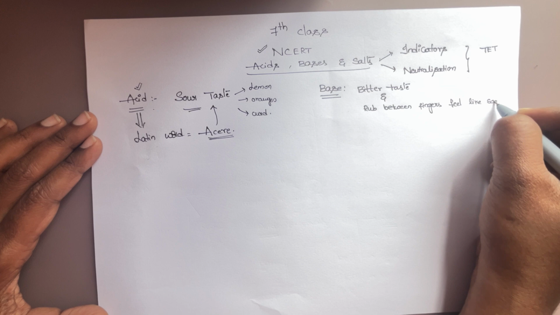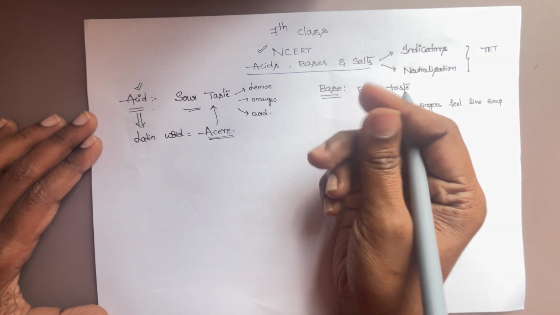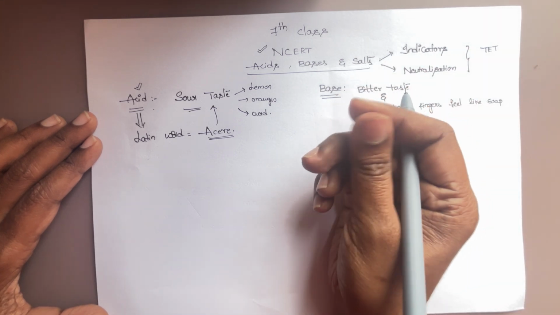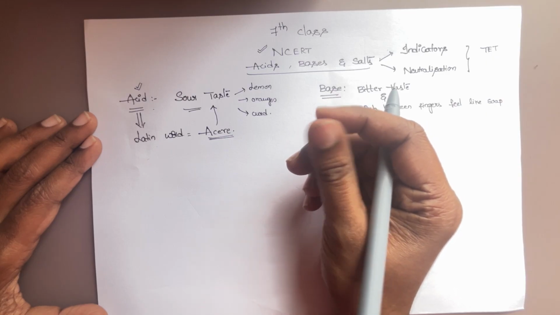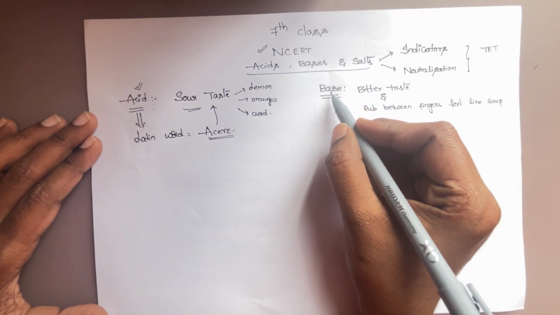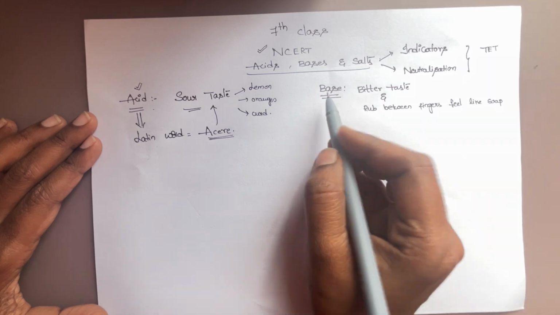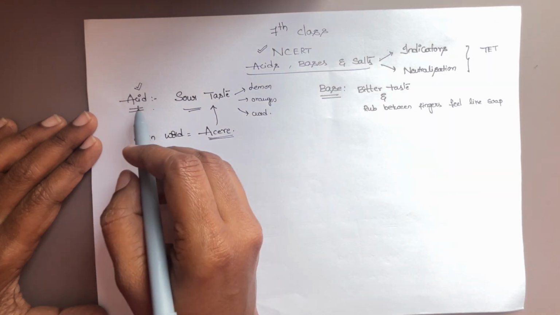They will be very slippery, as if we are rubbing a soap substance. Such substances are called bases. So this is about the base and this is about the acid.